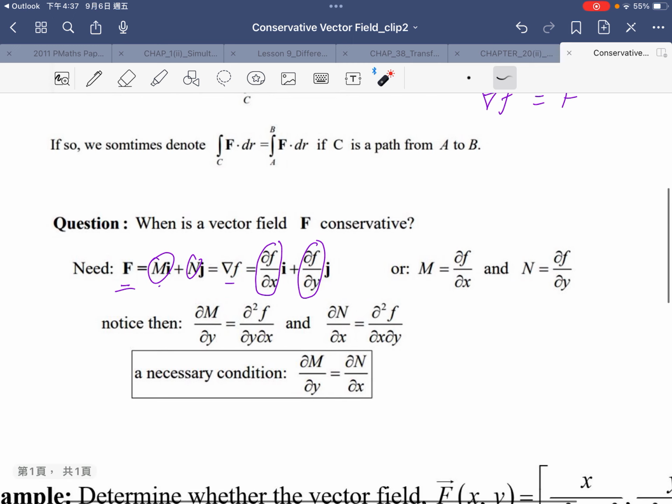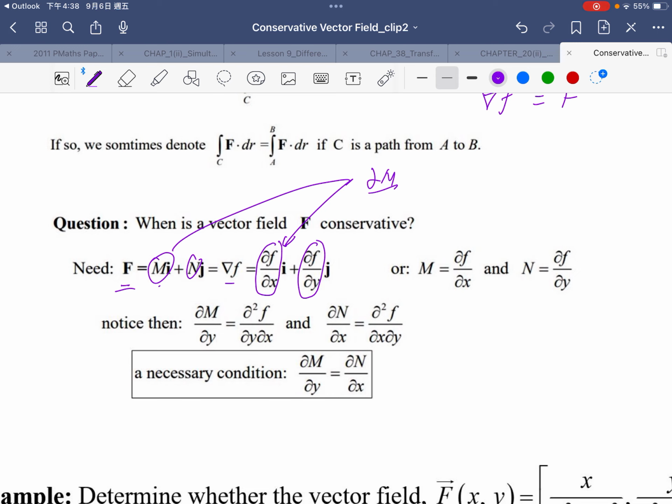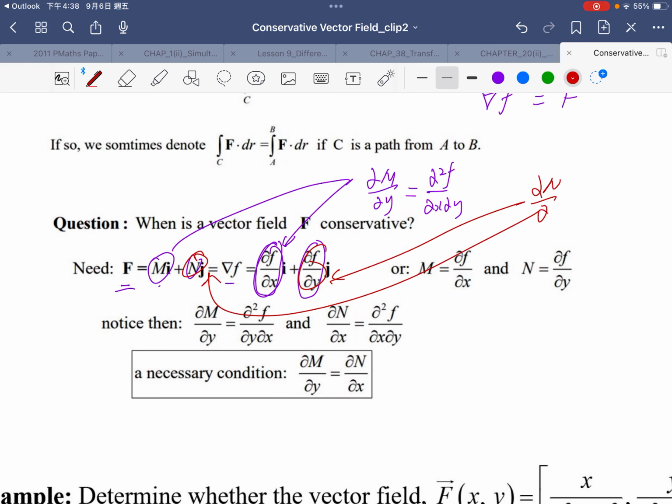Therefore, if we differentiate M once more with respect to y, we get the second derivative of f, ∂²f/∂y∂x. And for N, ∂N/∂x gives ∂²f/∂x∂y.